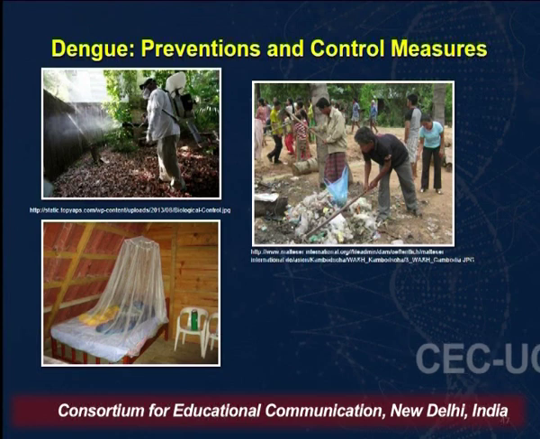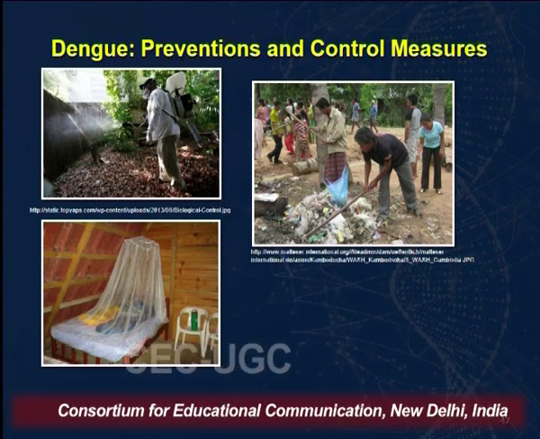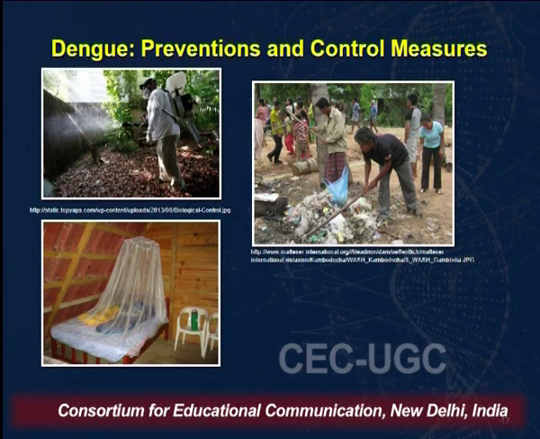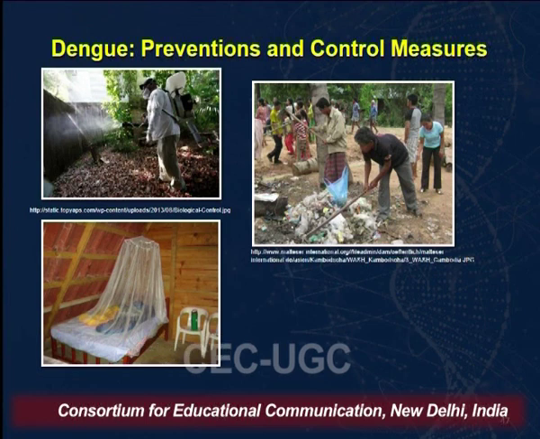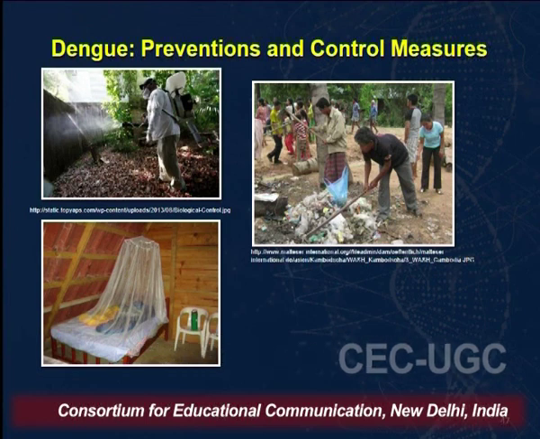I come to the last slide in this part of the presentation, which is prevention and control measures. There are various prevention measures, which include the removal of stagnated water in the surroundings wherever it is present and the use of mosquito nets. Nowadays insecticide impregnated mosquito nets have come up, so they are a very good source of control measures.